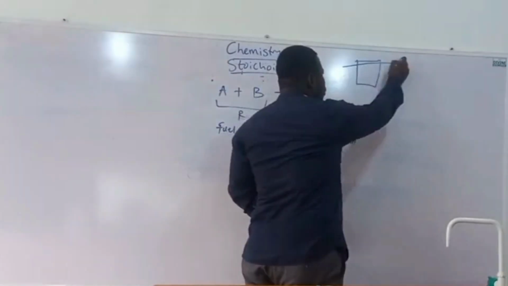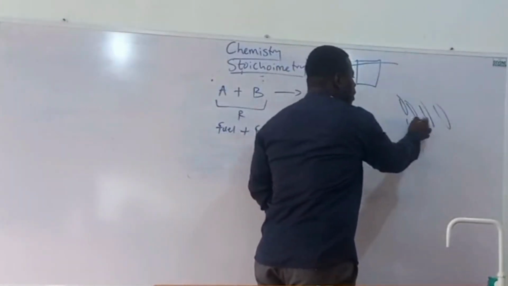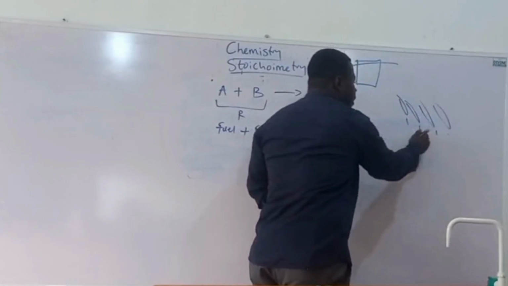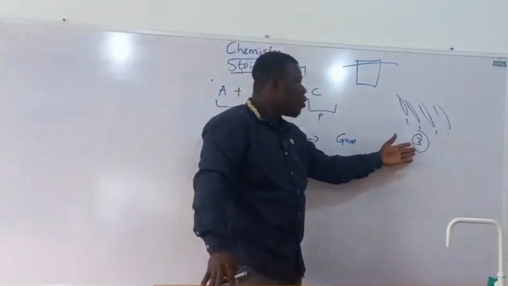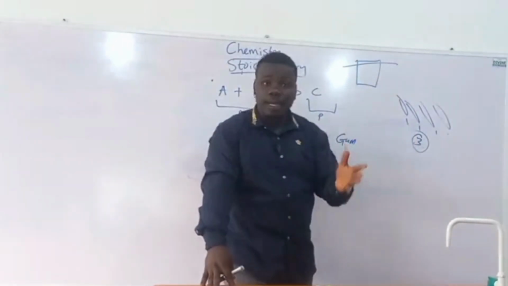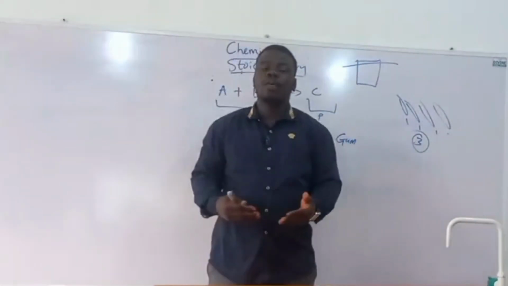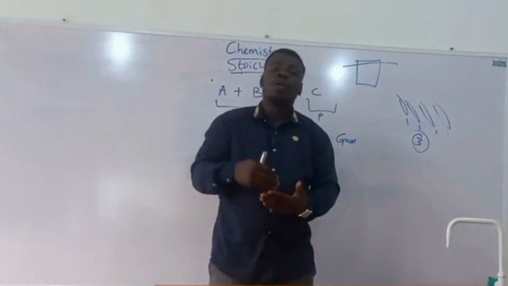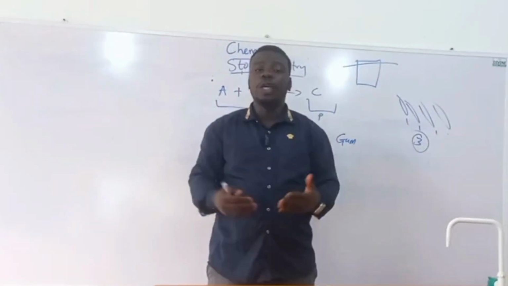You simply open the box, pour out all the items and count them one by one and say, okay, these are 3 items. We've calculated the amount of items in the box to be 3. But we cannot open these chemicals to calculate the composition or the substances that make up these chemicals. So how do we go about it?